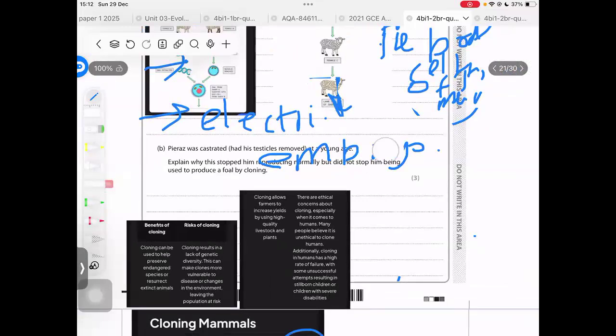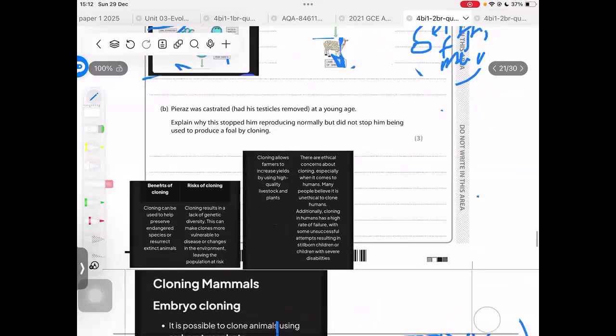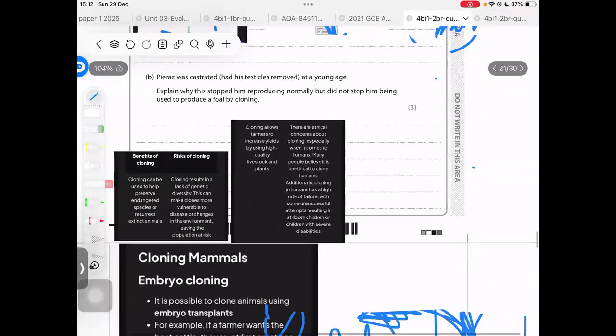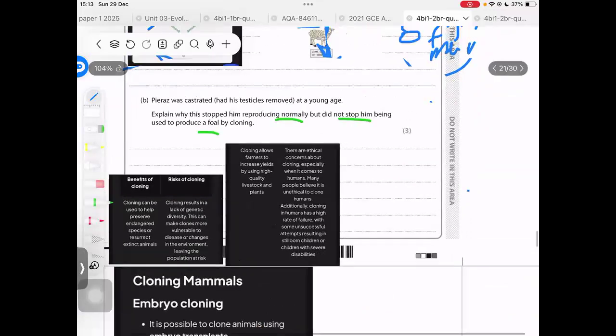Then Pyrrhus, I think it's the name, was castrated, had his testicles removed at a young age. Explain why this stopped him reproducing normally, but did not stop him being used to produce a foal by cloning. When the testicles are removed, he can't carry out sexual reproduction.